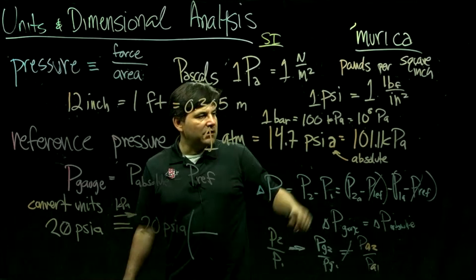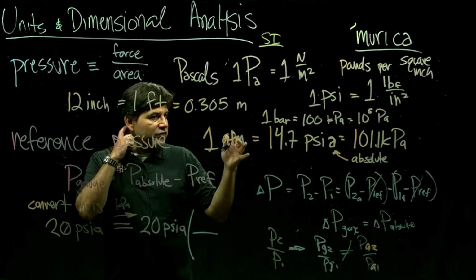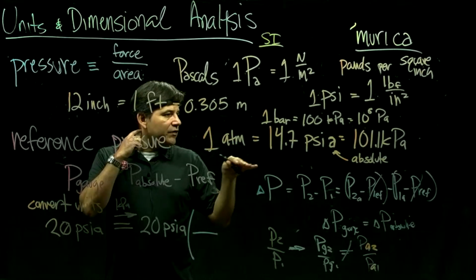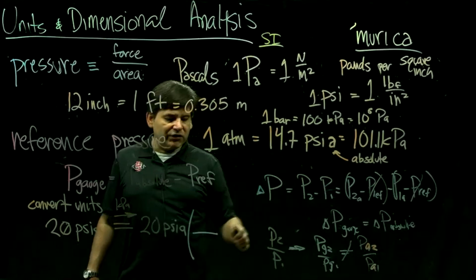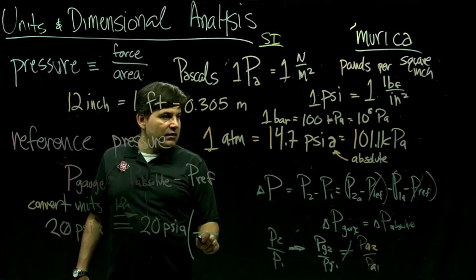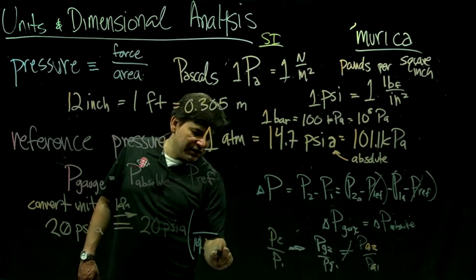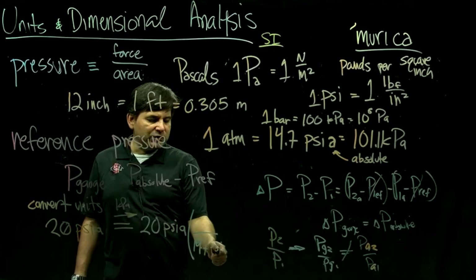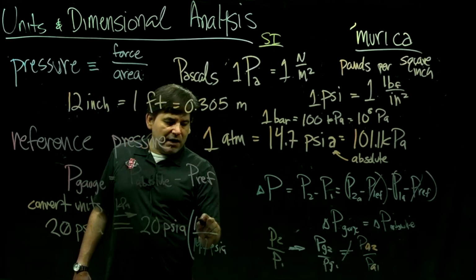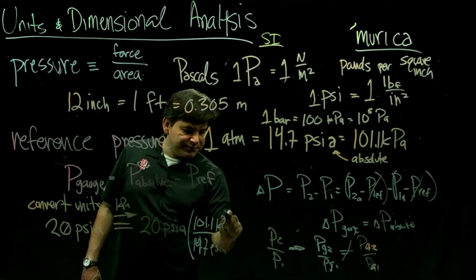This is a nice reference, and it's a common reference pressure, common atmospheric pressure, and it tells you how each of these units are related to each other. So if you had 14.7 psi absolute, these two units would cancel out in this multiplication, and the ratio would be 101 kPa.